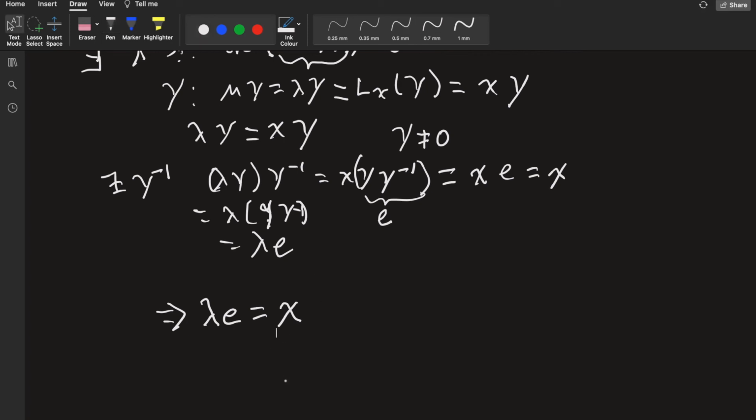But what is this telling us? It's telling us that no matter what x we have, x must be a scalar multiple of the identity vector, right? x is equal to lambda E.